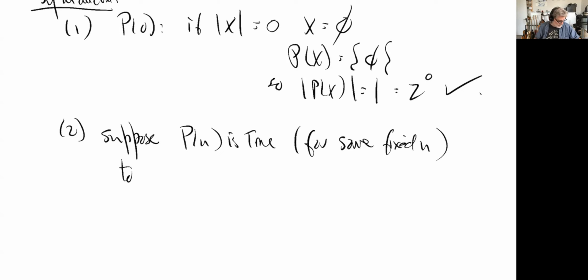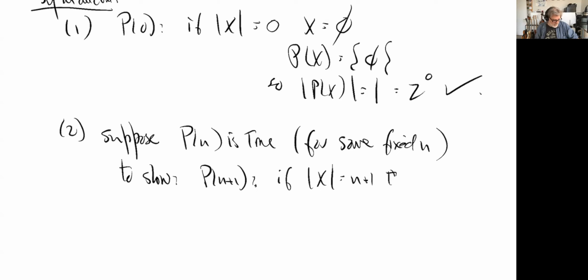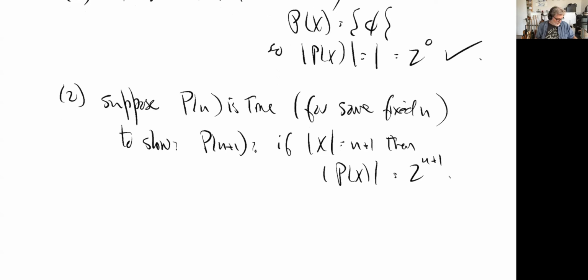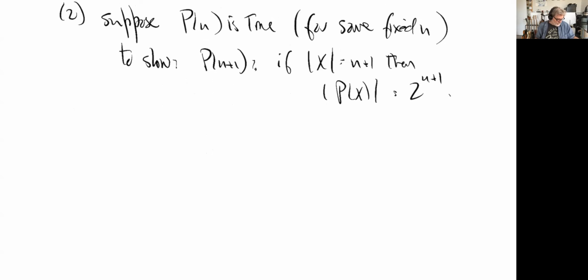I want to show P of n plus 1. So what is P of n plus 1? It is that if a set has n plus 1 elements, then its power set has 2 power n plus 1 elements. That's what I want to show.